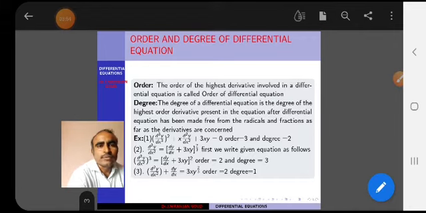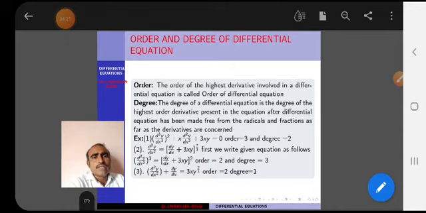See example 2: d²y/dx² = (dy/dx + 3xy)^(2/3). Here the power of dy/dx + 3xy is a fraction. So reduce this equation to the form (d²y/dx²)³ = (dy/dx + 3xy)².